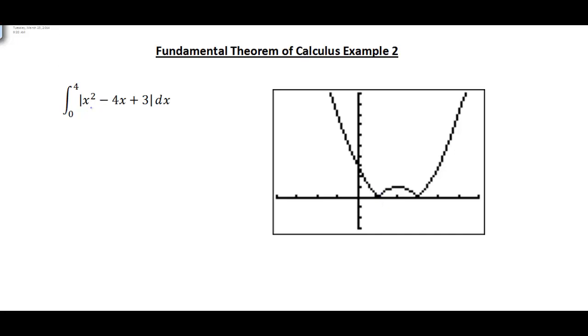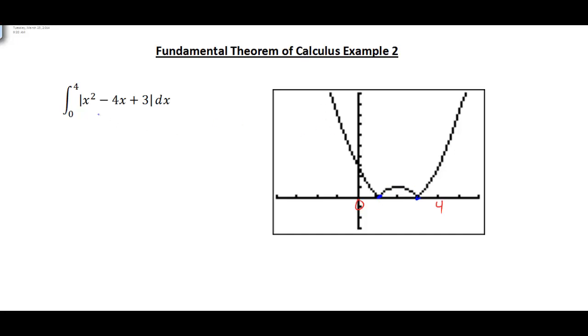Well, in order to integrate this, we know that we want to go from 0 to 4. So here we go from 0 over to 4. But we notice the graph here is above, so we're in good shape. But how can we integrate this part of it that goes above due to the absolute value?